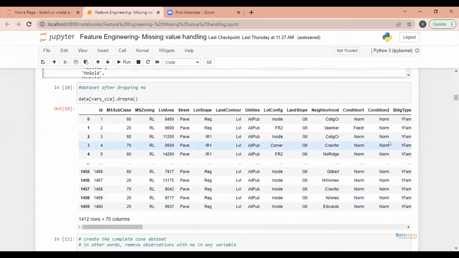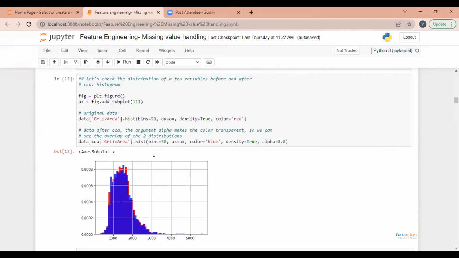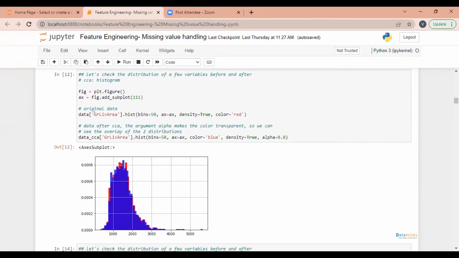As I said, we will be comparing its effect on the distribution of the variable before imputation and after imputation. Well, here we are not imputing, we are just removing them. But let's also observe how the distribution has varied. This is the histogram of one feature, which is the ground living area, the living area in square feet.